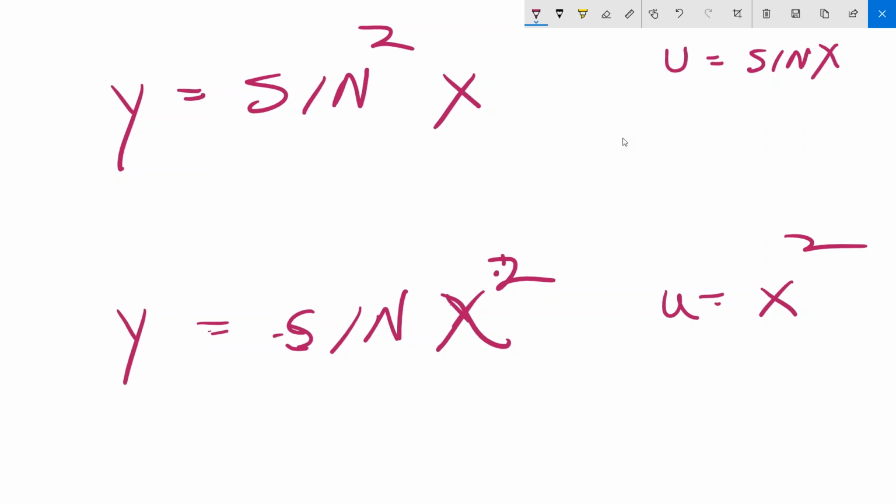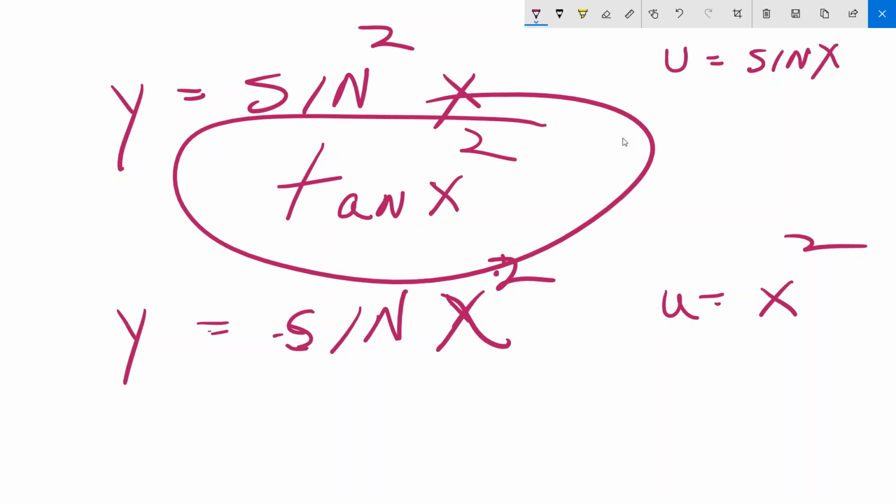We had one earlier that was tangent of x squared. What's the inside of that? That's x squared. So the derivative of the outside is the secant squared of u times the derivative of the inside, 2x.